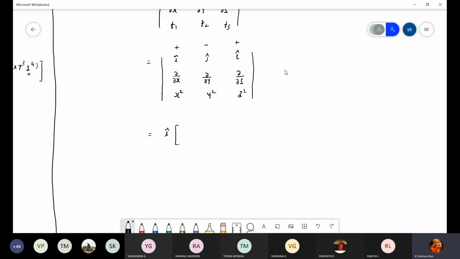See, you can directly differentiate. See, what is the dou by dou y of z square? You can write like this directly. What is dou by dou y of z square? Dou by dou y, 0.